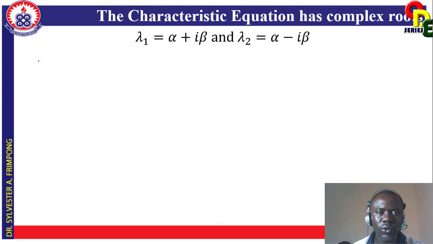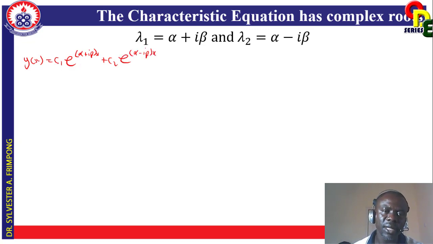Now with this root, we say that our solution will be C1 e raised to the power alpha plus i beta x plus C2 e raised to the power alpha minus i beta x, which is similar to what we have been doing so far. But we don't want to leave our solutions in complex number form, so we want to do a little bit of expansion and simplification.